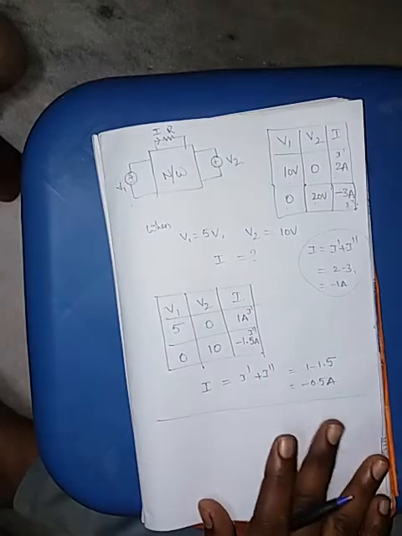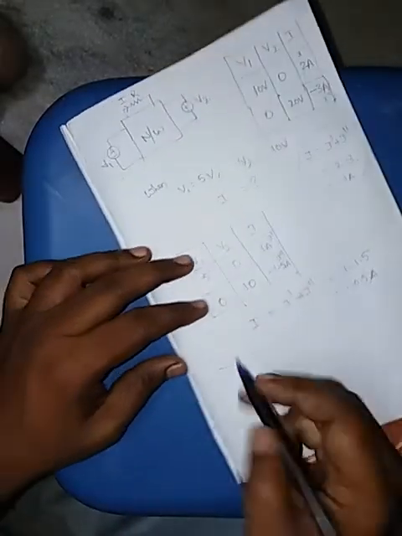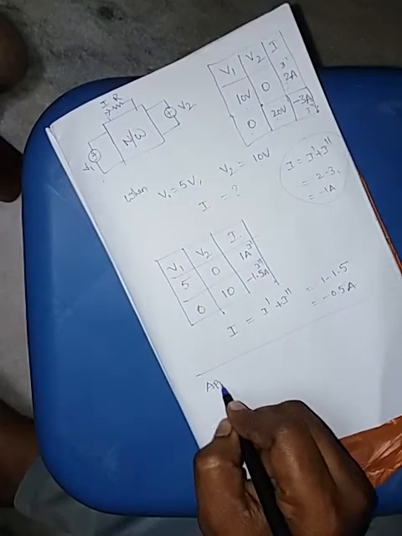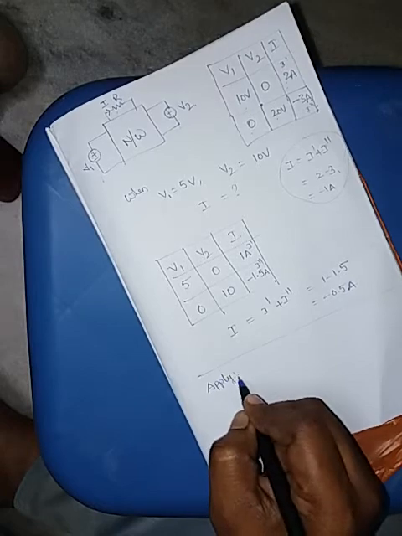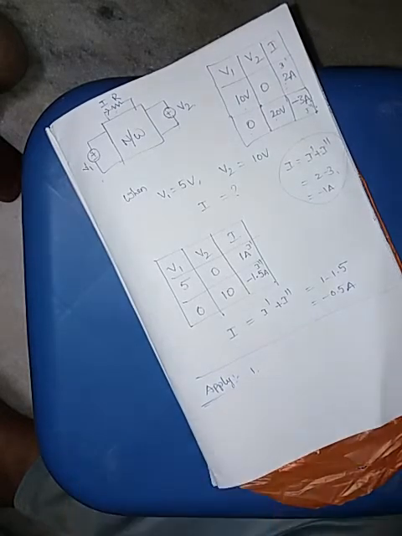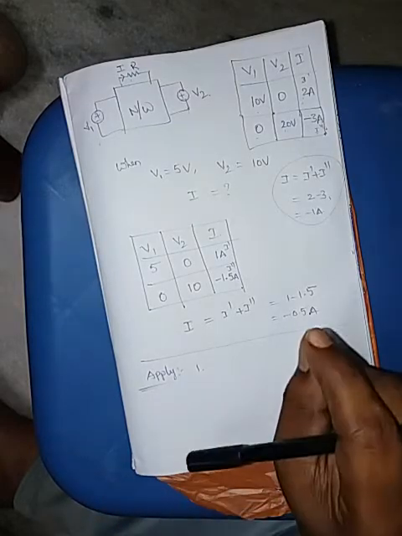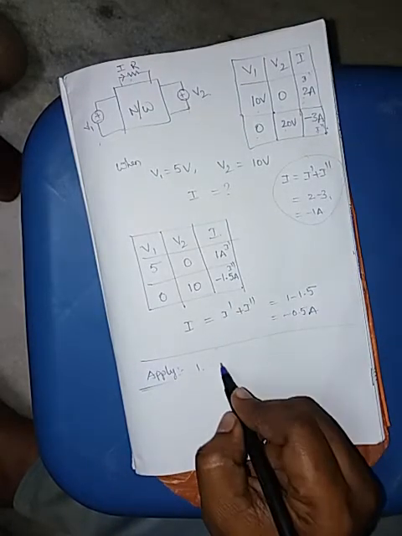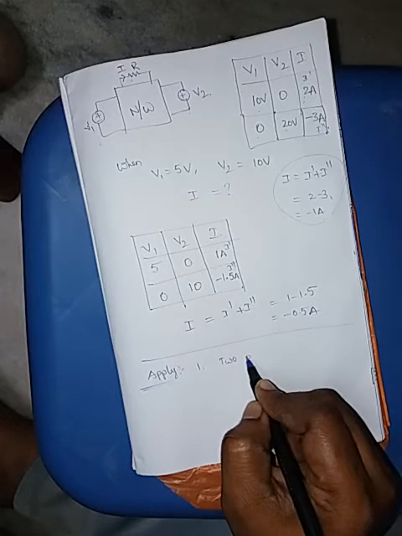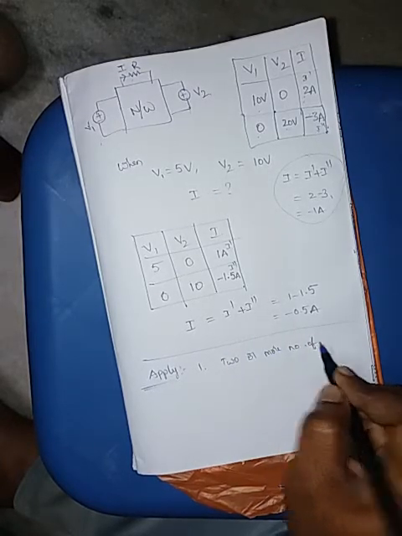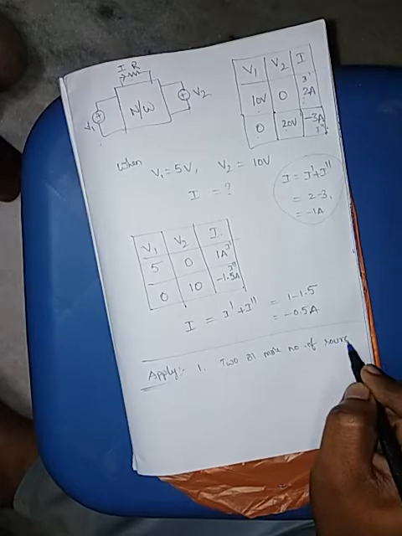Okay. So now let us apply the superposition theorem to any network. How can we apply it? Before applying the superposition theorem, the first thing you should remember is that the network must contain 2 or more sources.